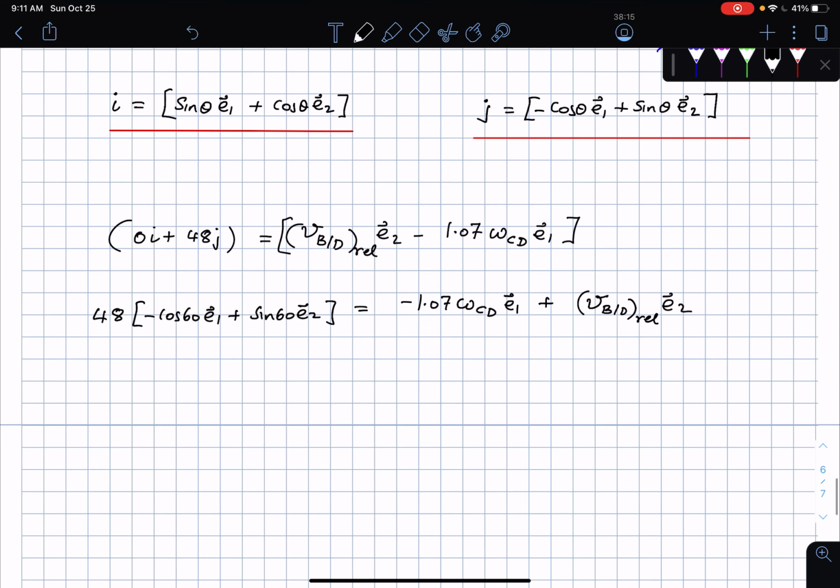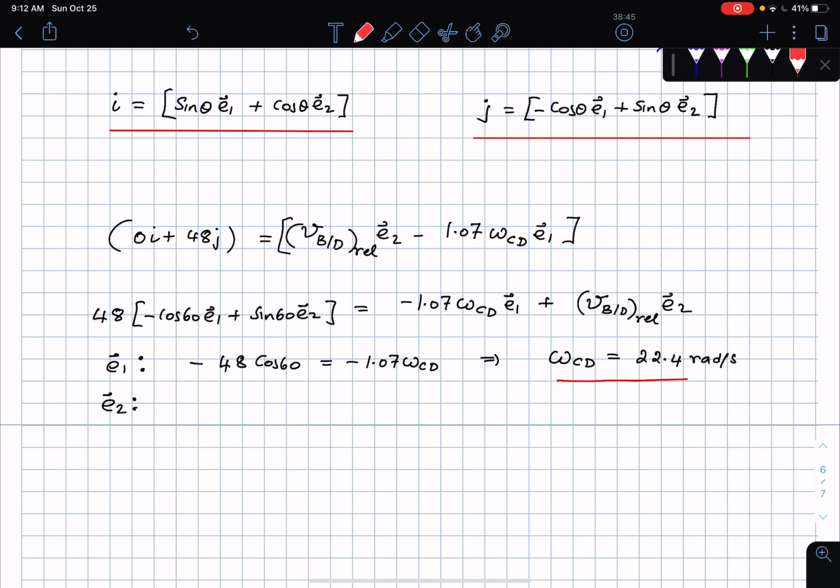So if I look at the terms containing E1, terms containing E2. Terms containing E1: minus 48 cosine 60 equals minus 1.07 omega CD, which tells me that omega CD can be solved for. It's a positive value for me. And omega CD is 22.4 radians per second, not squared.